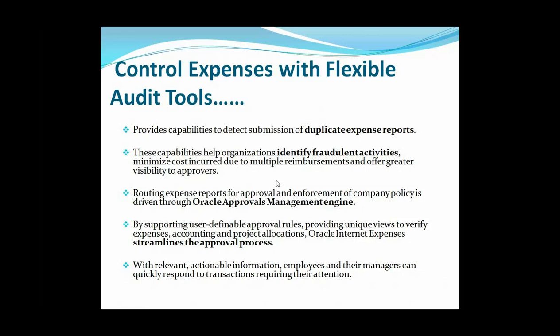Hence, the cost which the organization incurs is automatically reduced, because the multiple reimbursements which happen against those duplicate expense reports are reduced. And as a result of this, the organization can easily identify any sort of fraudulent activity which may be going on within the company. Okay.